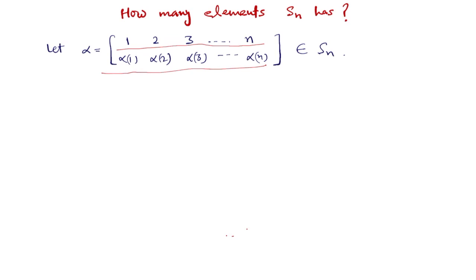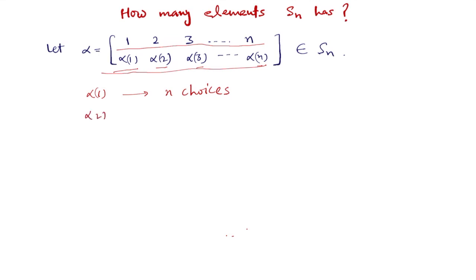Now, how many such alphas are there will depend on the choices of these images alpha 1, alpha 2, alpha 3, and alpha n. The first image alpha 1 has n choices because we can send 1 to any of the symbols 1, 2 up to n.